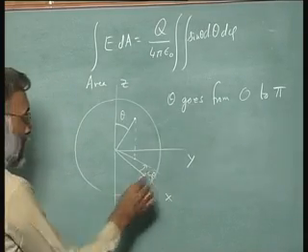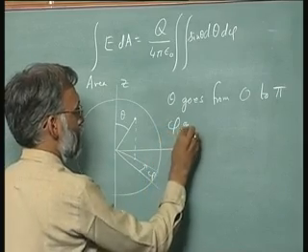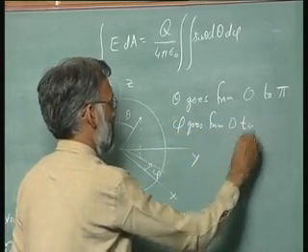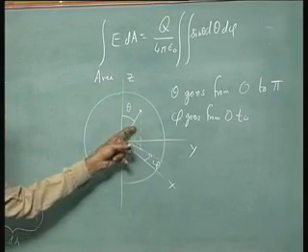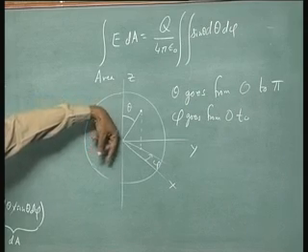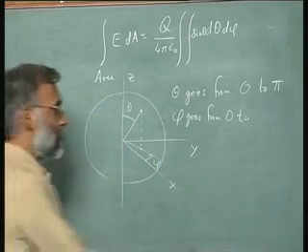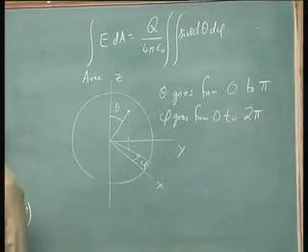What about phi? When phi is along the x axis, phi is 0. And the maximum it goes past the y axis, past the minus x axis, past the minus y axis, and finally comes right back to the x axis. So, that is 360 degrees or 2 pi radians.